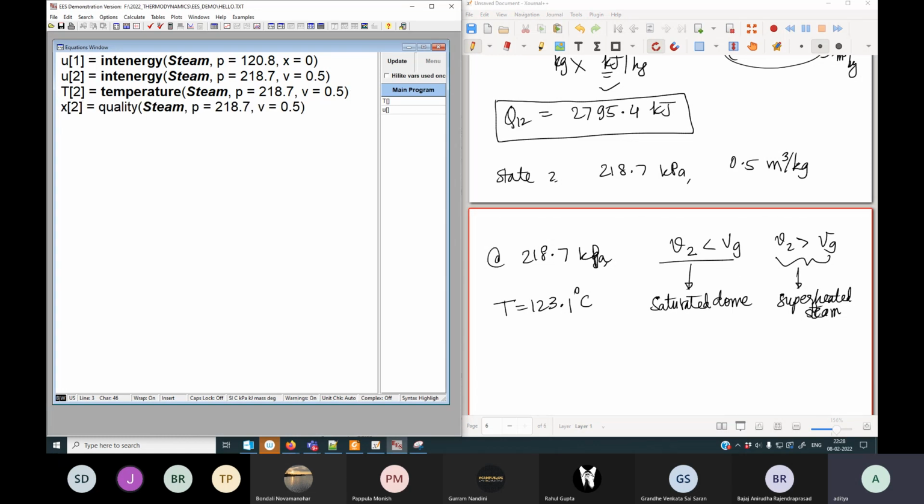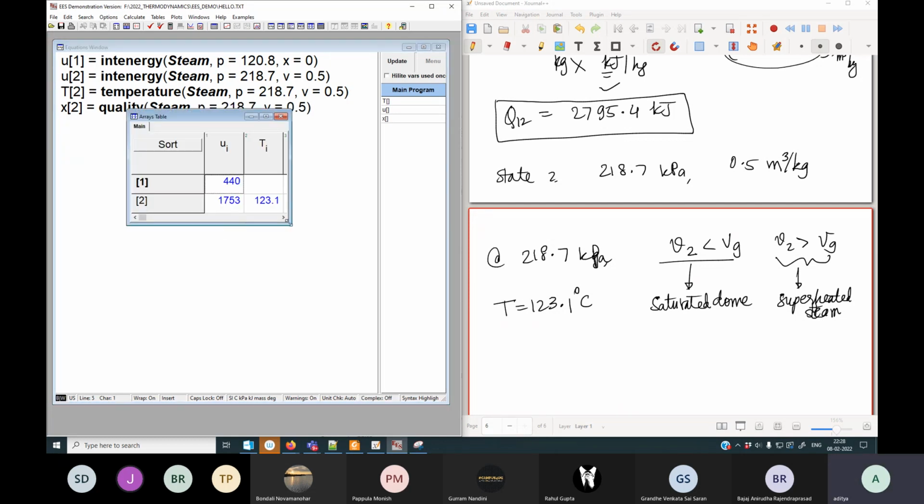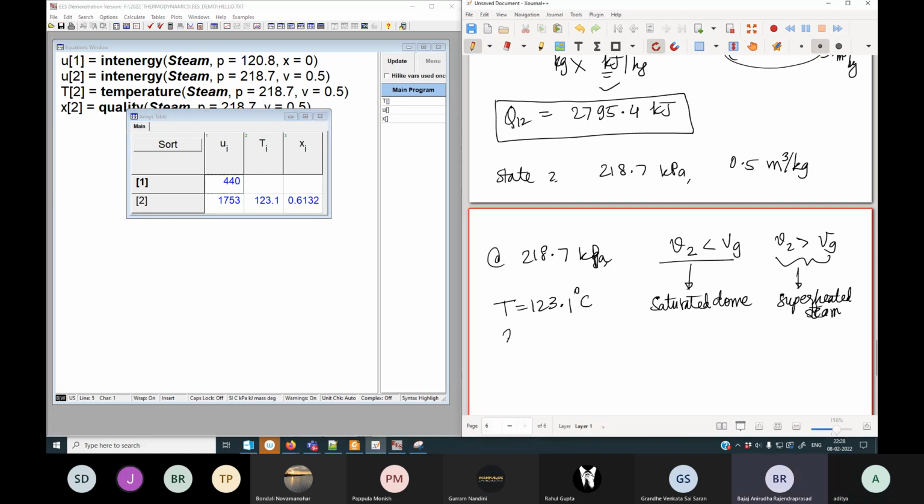I will paste this and press F2. X2 is 0.6132. What does that mean, guys? It is in the dome. So which of these is true? v2 is less than vg, so we can expect this to be true. Do you want me to show you whether this is true or not?